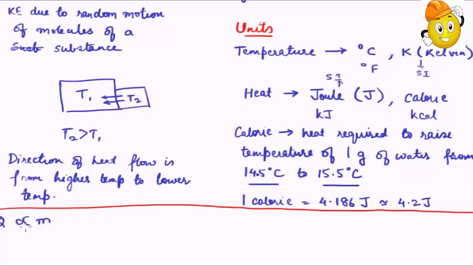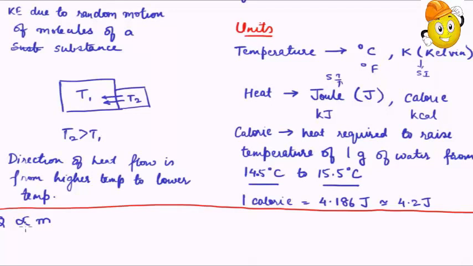Now the second thing is that suppose you want to raise the temperature of a body by 1 degree Celsius. You have two identical bodies, let's say both of 1 kilogram mass made of the same material. If you want to raise the temperature of one of them by 1 degree Celsius, but the other by 2 degrees Celsius, then obviously the one in which we have to raise it by 2 degrees Celsius will require twice the heat.